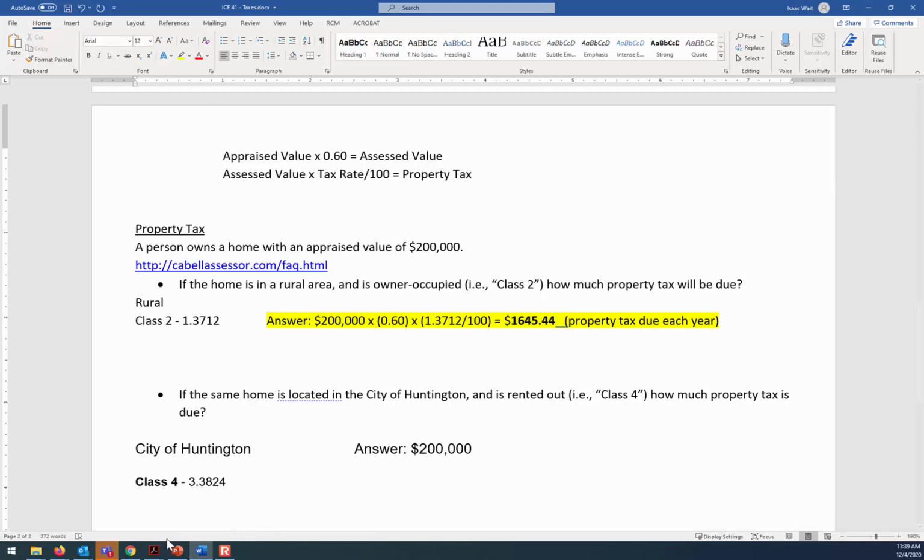So then for the city of Huntington, all right. So any questions on how to calculate your property taxes?